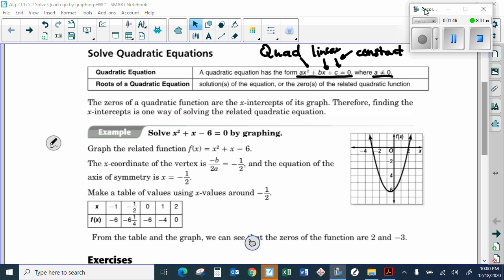Whatever this ax squared is, that's going to determine the shape of the quadratic, how wide or narrow that u is, whether it opens up or down. If a is positive, it opens up. If a is negative, it opens down.